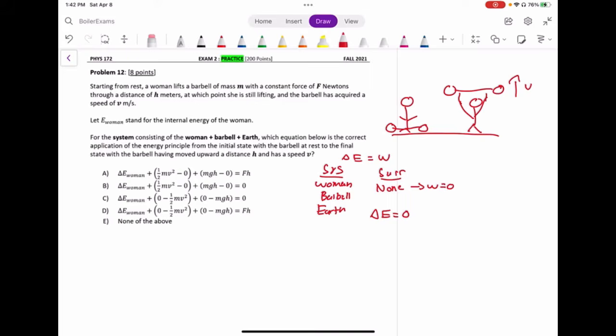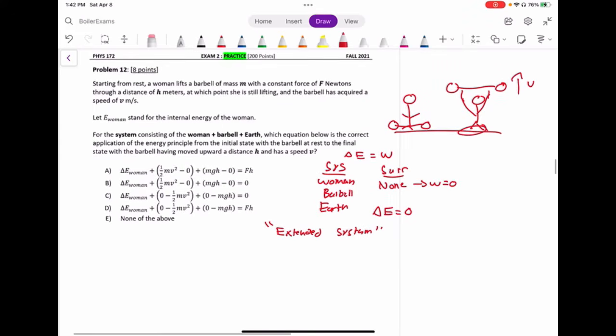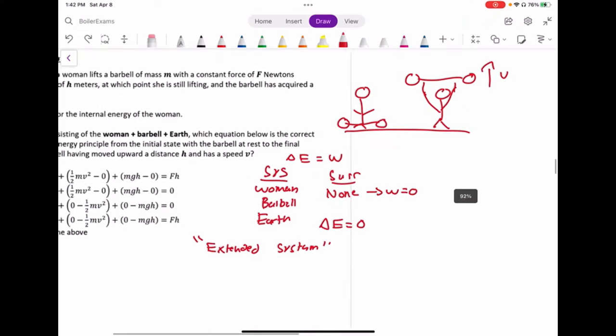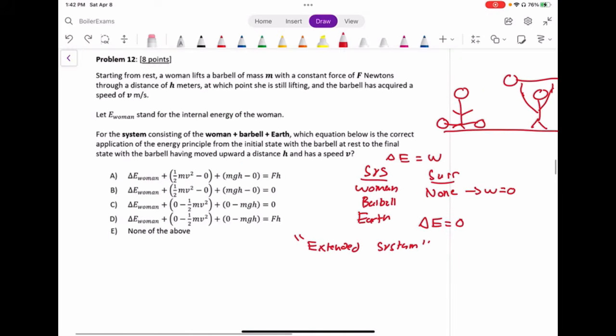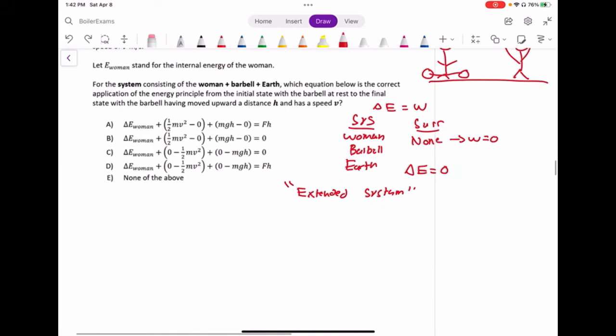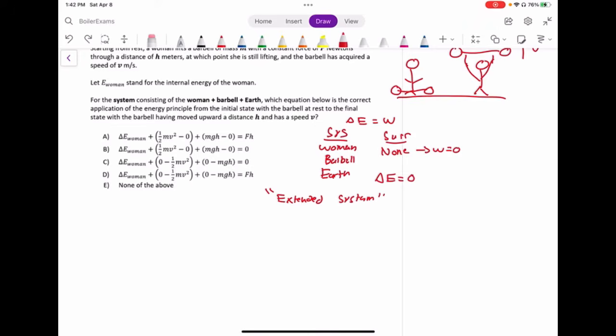Here they don't really mention it, but if we want E woman in our system, we're looking at more of an extended system where we're not going to consider the work done by this. The reason being, let me run through what this would look like if we were a point particle system.